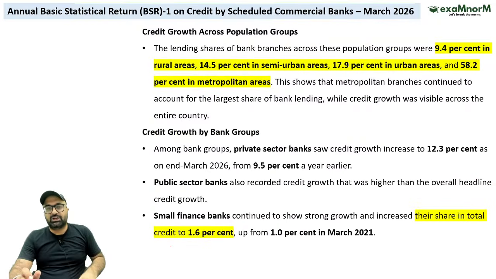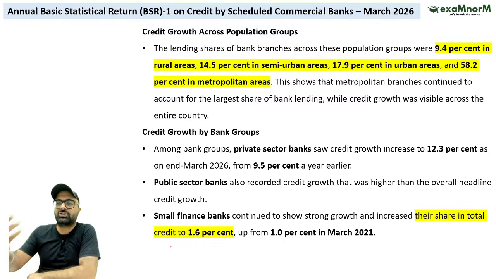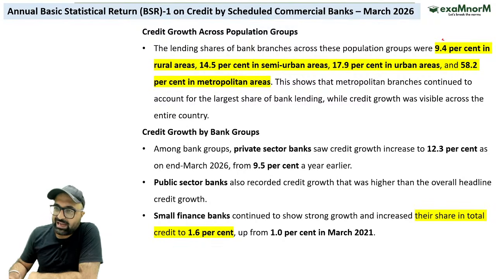The lending shares of the bank branches across the population group were 9.4% lending is done in the rural areas, 14.5% in the semi-urban, 17.9% in the urban areas, and 58.2% in the metropolitan city.